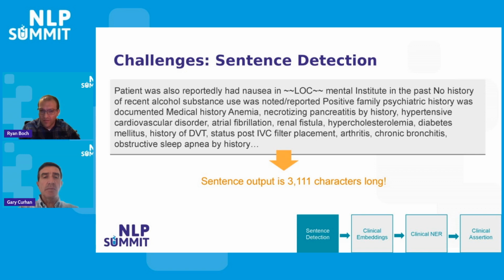So this is fairly common in real world data where you'll have data that is not grammatically correct, mistypes, misspellings. What we end up with is what we call an underparsed sentence. So this sentence likely spans the whole note. And even if you have a few of these in your data, it doesn't take a lot. It can really slow down the performance of your pipeline, because it's trying to process a very large block of text.